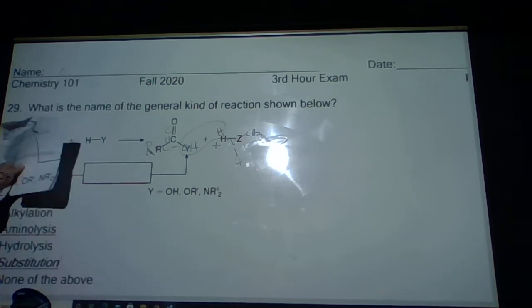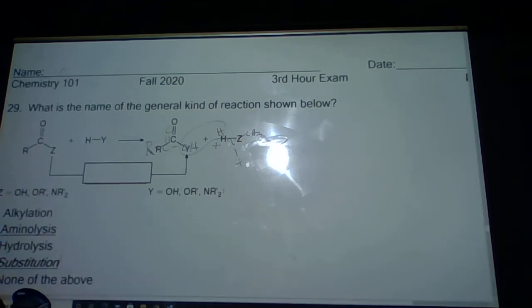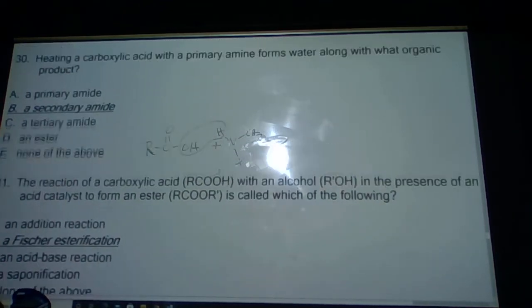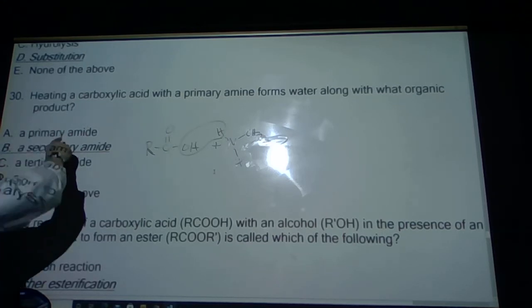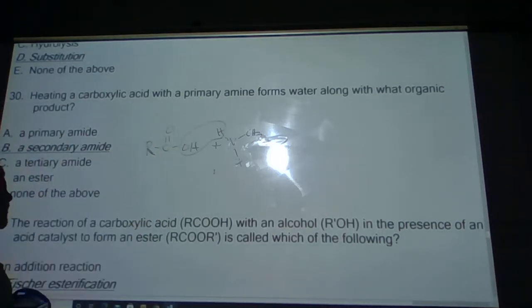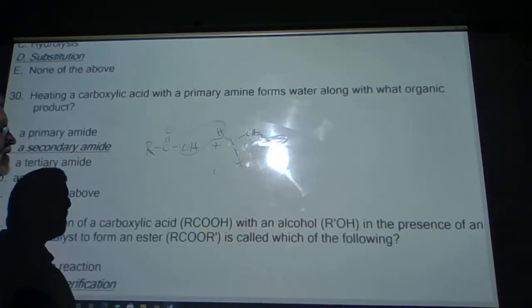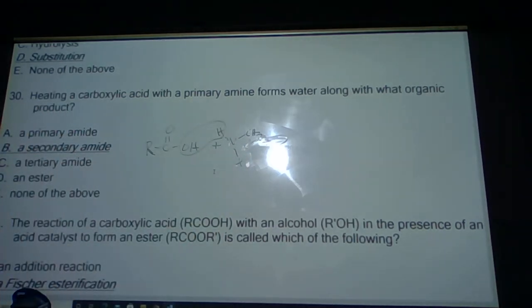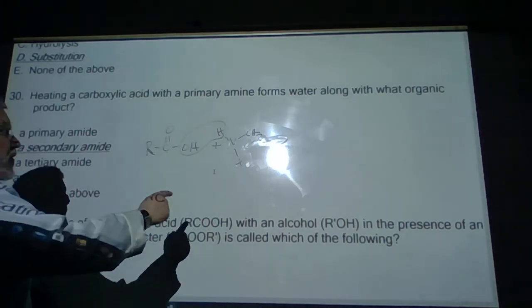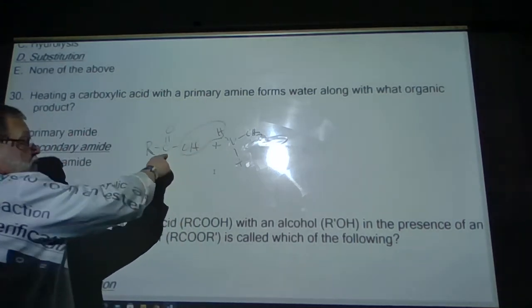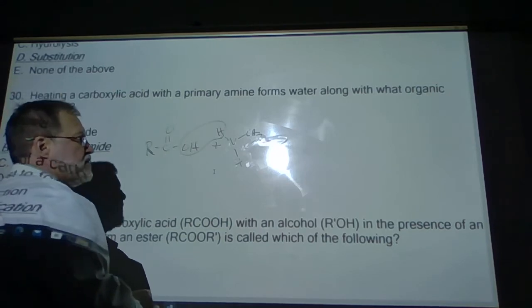So this is the kind of reaction we're doing. So we are heating carboxylic acid here with a primary amine. Primary amine is something that has one carbon to it. You produce water, and the nitrogen ends up being bonded to your carbonyl carbon.